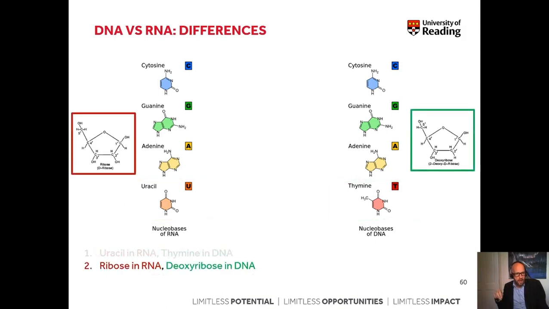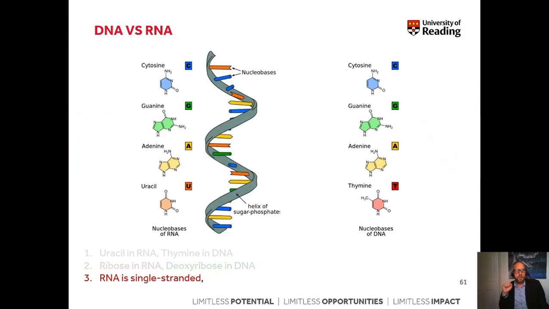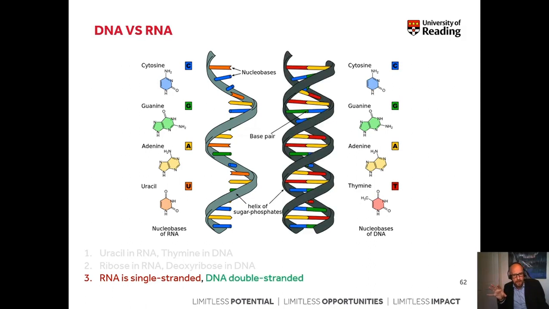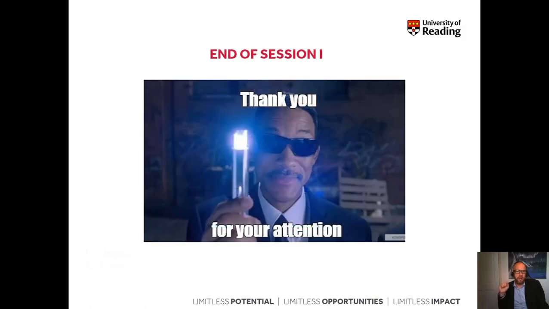In addition, as we have learned before, the sugar present in RNA and DNA is different. We have ribose in the RNA and there is deoxyribose in the DNA, and this is something you should please keep in mind. Another difference, and this is one of the most important differences, is that RNA is usually, at least in human cells, single-stranded. In contrast, DNA is usually double-stranded, at least in human cells.